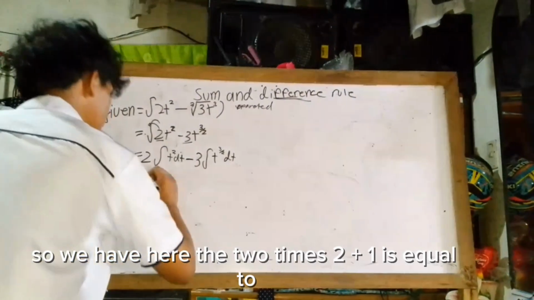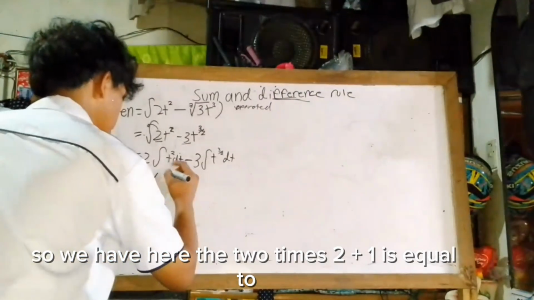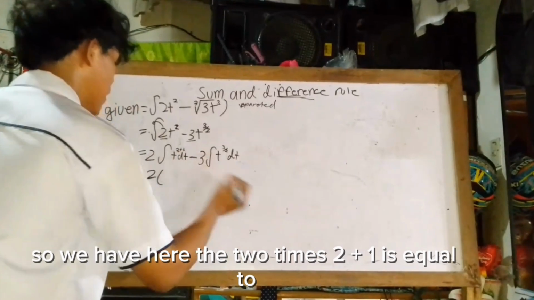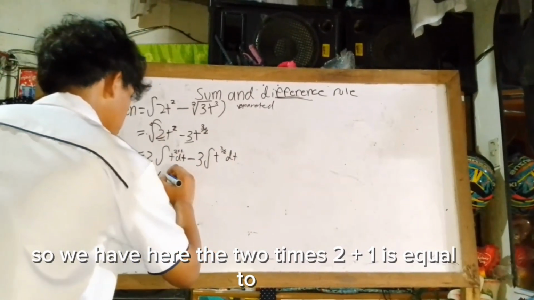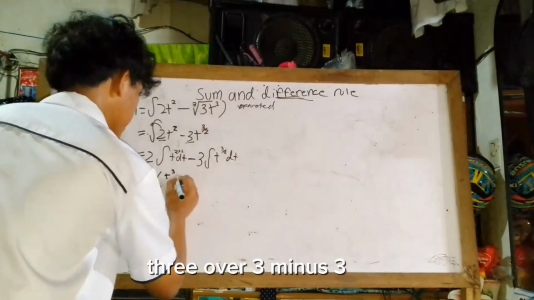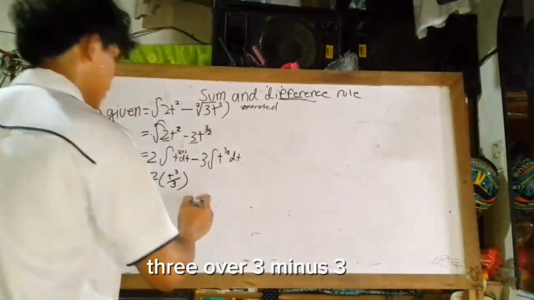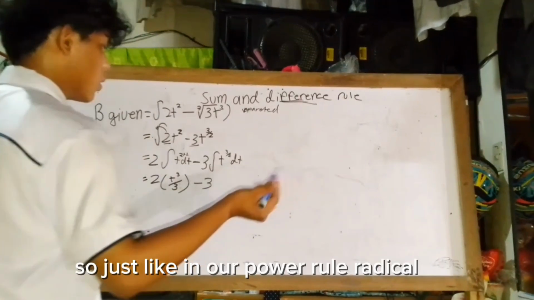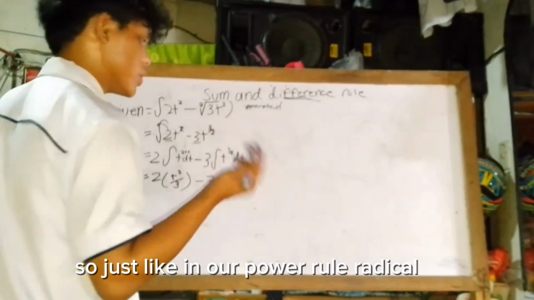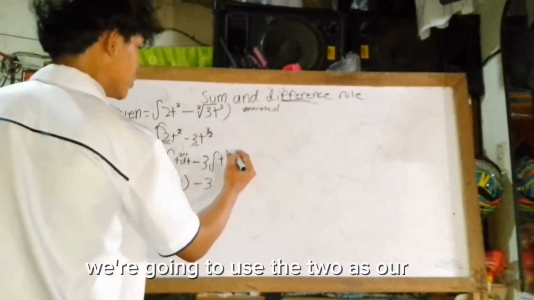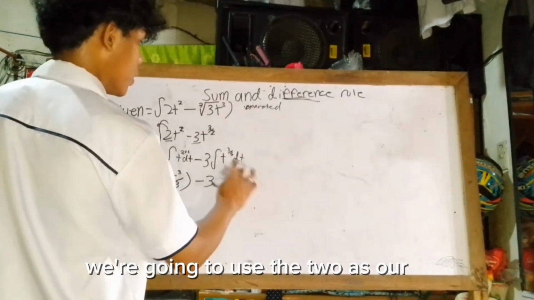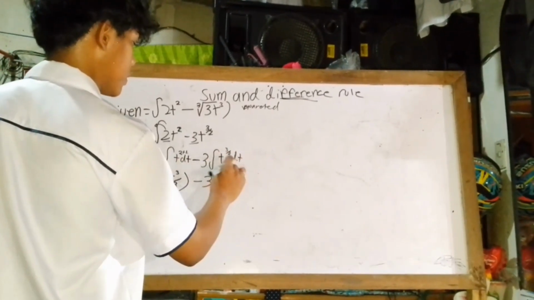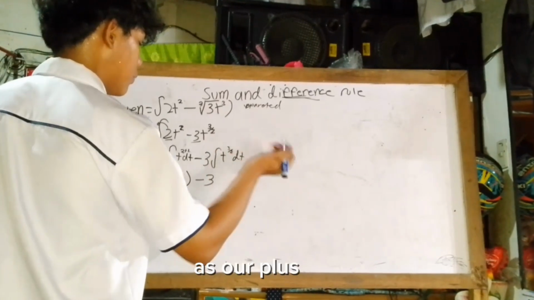So we have here 2 plus 1 is equal to 3 over 3 minus 3. So just like in our power rule radical, we're going to use the 2 as our plus.